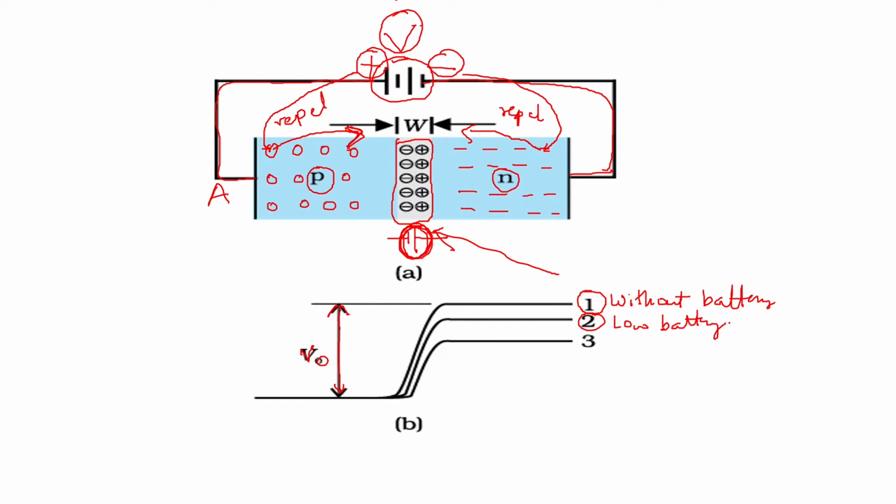And the third one is high voltage battery. When the applied voltage is very high, then the potential barrier will decrease further. So this is when the applied voltage is very high, this is when applied voltage is low, and this is when no voltage is applied.